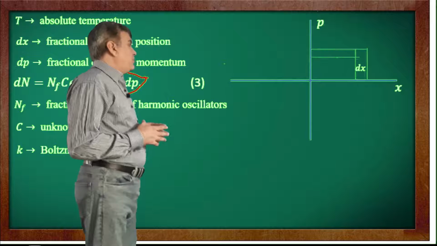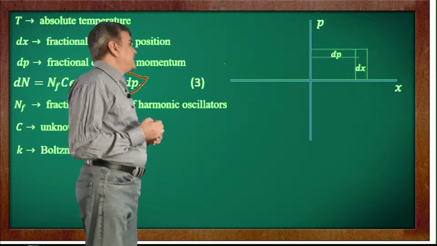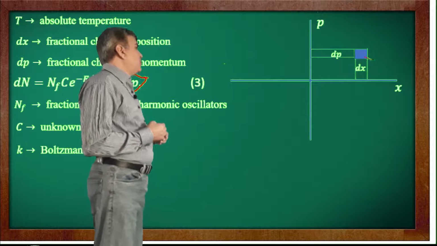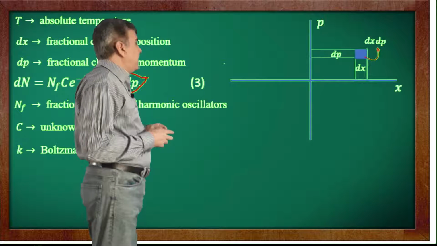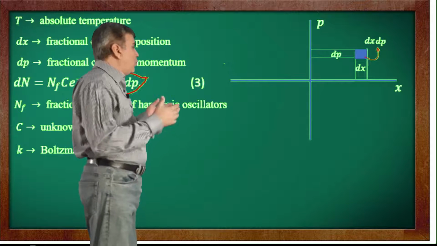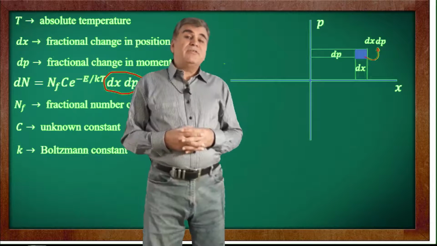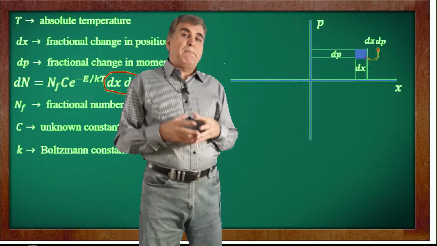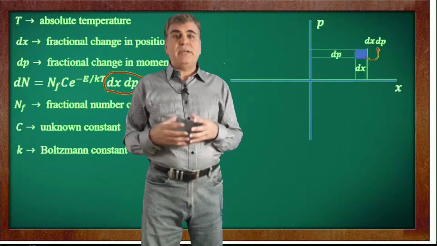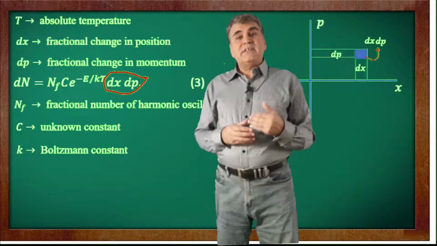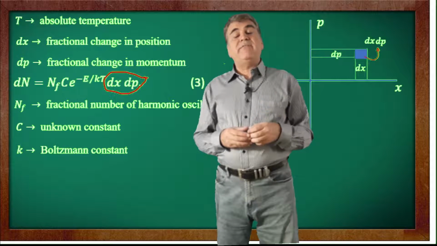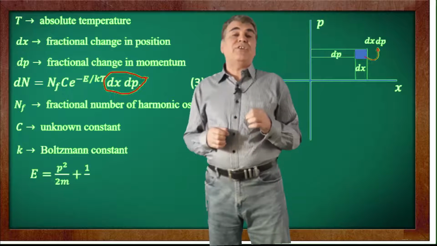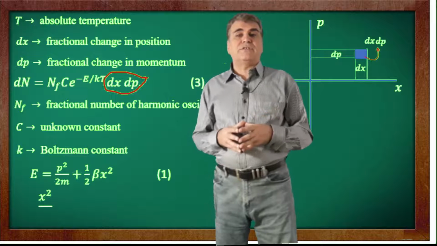In this geometry, the product of differential position dx and differential momentum dp is a differential area dx times dp of the whole plane. And the absence of any external forces means that at thermal equilibrium, the motion of the oscillator will describe a curve on which x and p vary in such a way that the energy E remains constant.